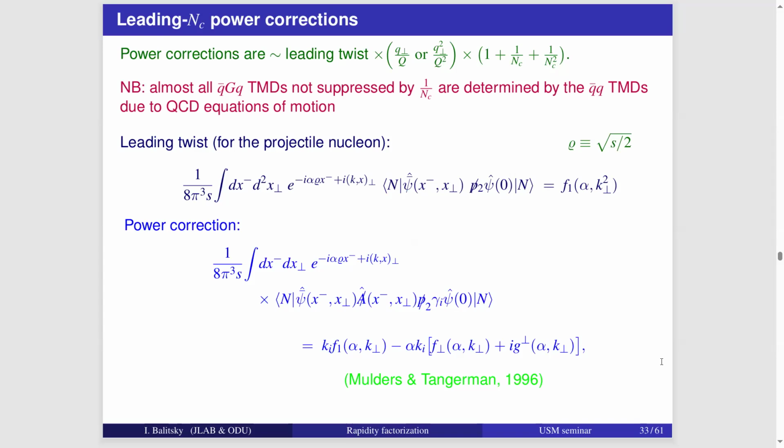But anyway, that's the so-called TMD f1. And for the power correction, if you have here a slash, which is the gluon field in light-cone gauge, then due to the QCD equation of motion it can be rewritten like that.